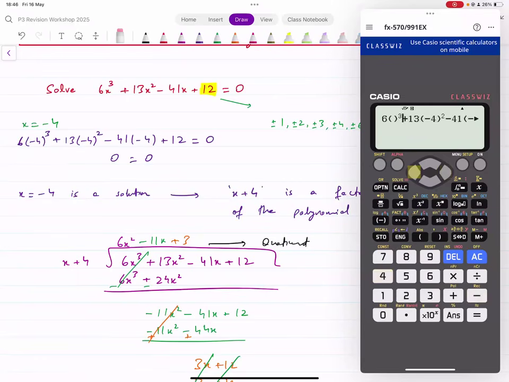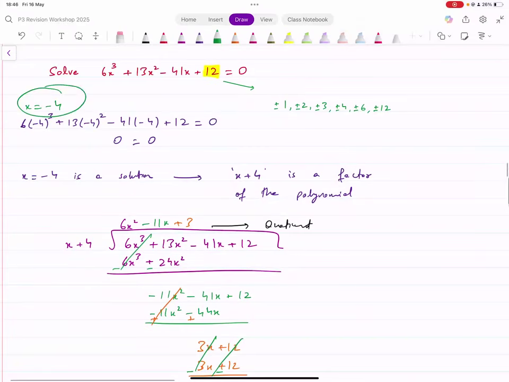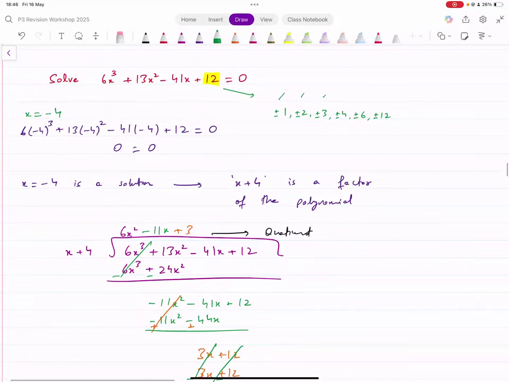You can try that here. X equals -4. That's giving us 0. That means this is a solution of this equation, x equals -4.